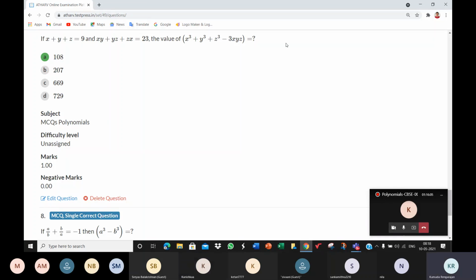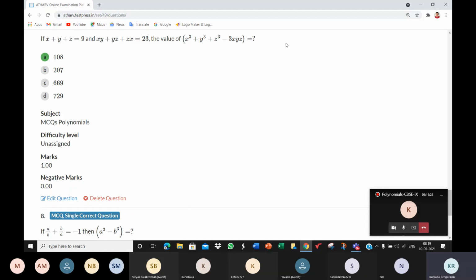So looking at the expansion like this, we have three expressions. x plus y plus z is one expression. Then x square plus y square plus z square is the second expression. Then we have three more terms following: minus xy, minus yz, minus xz.